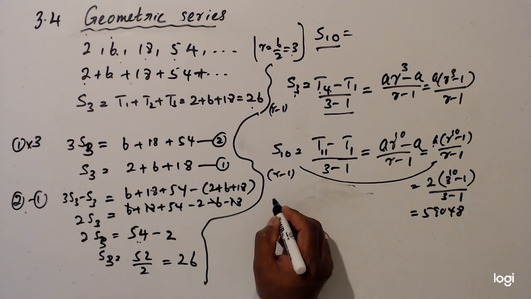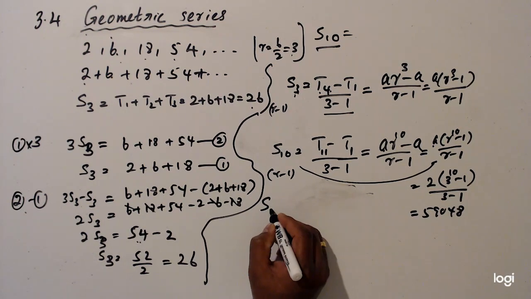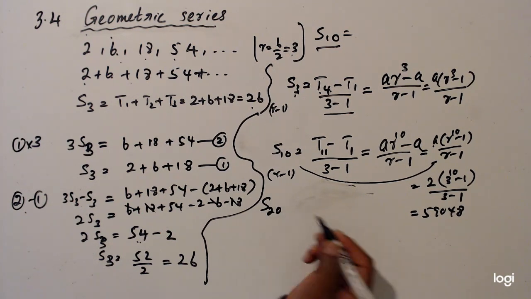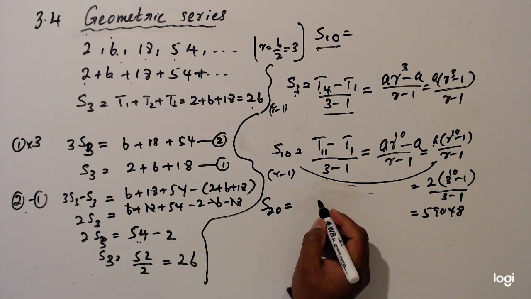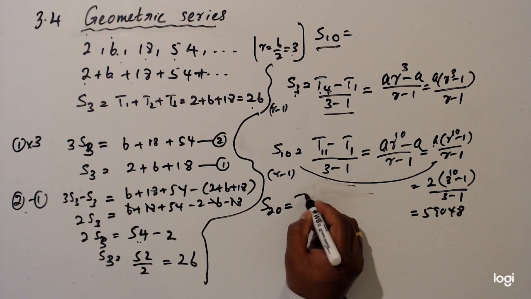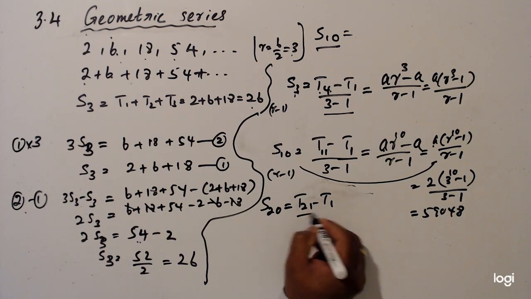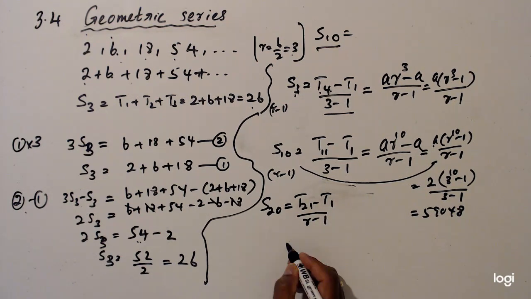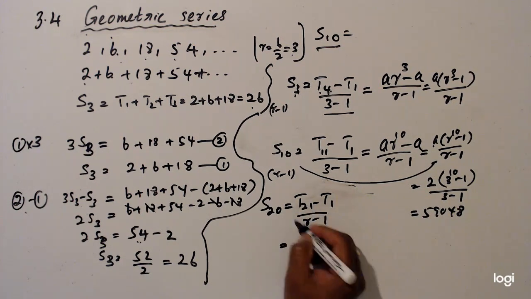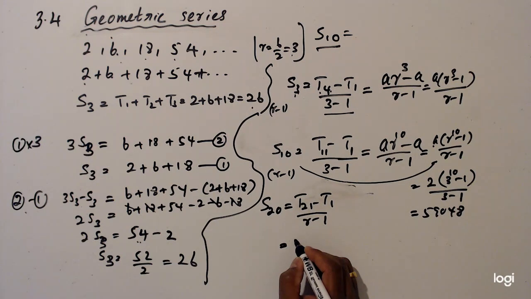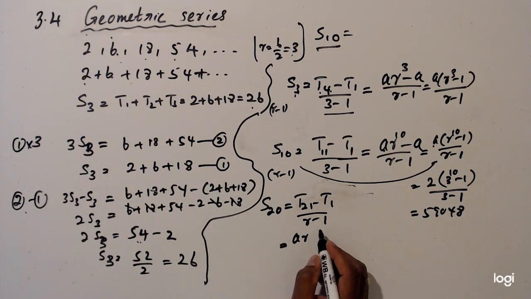If I ask how can we find S20, then we know that (T21 minus T1) over R minus 1. Or we know T21 means AR^20 minus A over R minus 1.